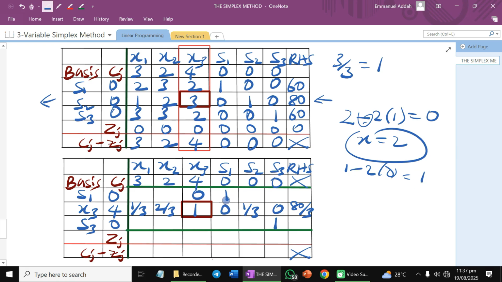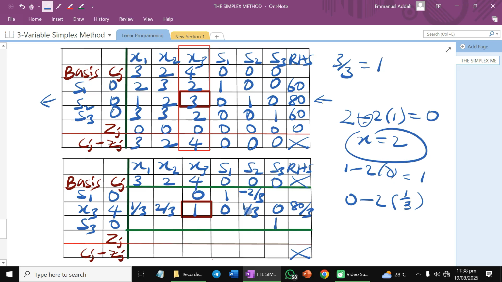This is correct. Go to the next one, which is this point. That will be 0 minus 2 times the corresponding position, minus 2 times this 1 over 3. That will be minus 2 over 3. So here is going to give us minus 2 over 3.